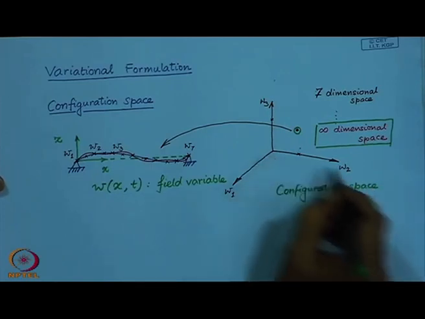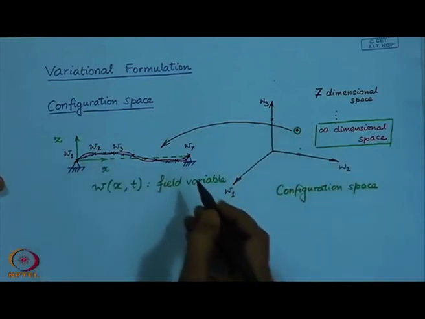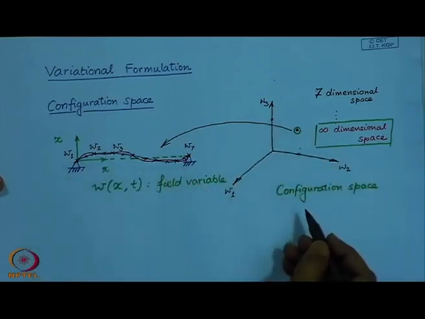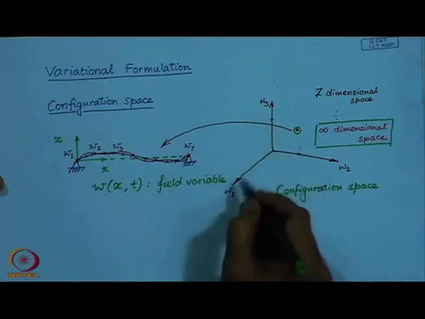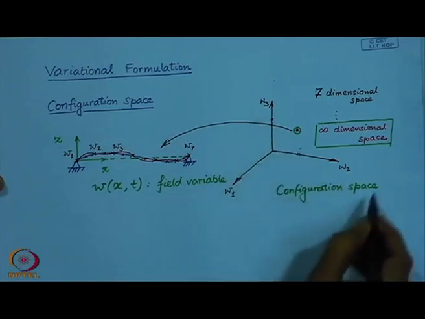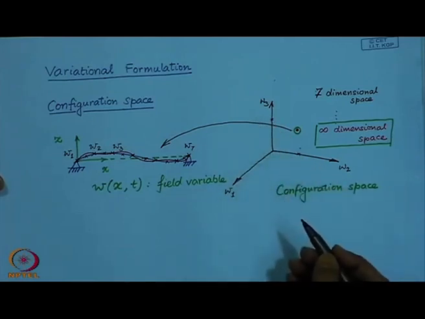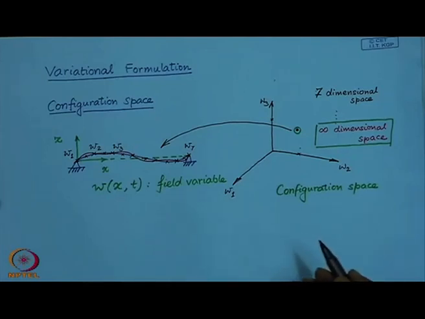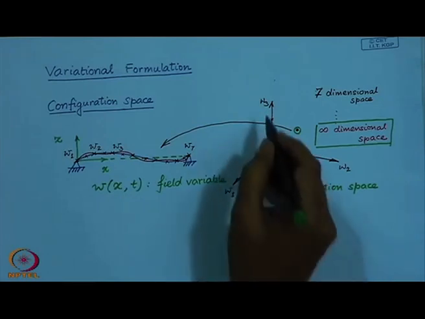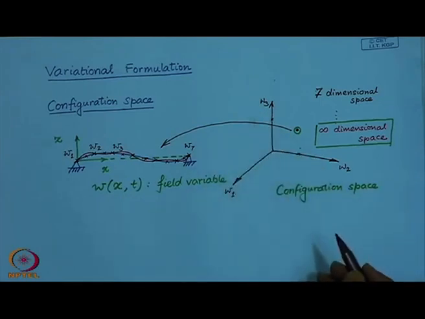So, you can clearly see that for a string and for any continuous system, the dimension of the configuration space is infinity. Such systems, continuous systems, are represented as points in an infinite dimensional configuration space, and the number of coordinates of the configuration space represents the degree of freedom of the system.